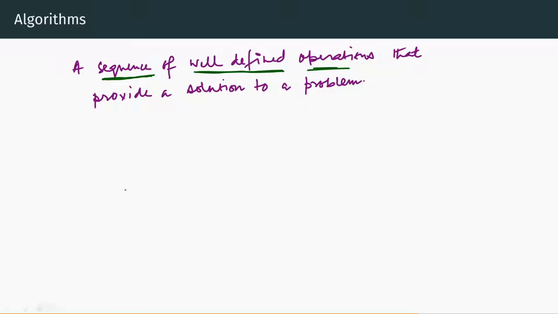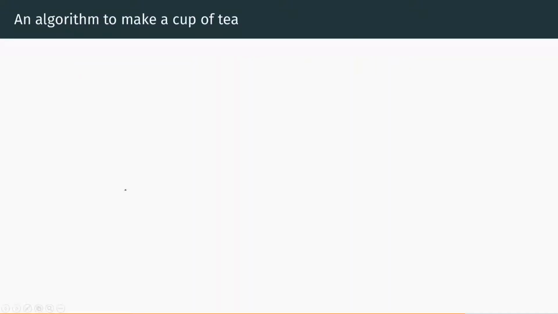So for example, let's take the next slide, which is the algorithm to make a cup of tea. You're teaching your friend to make a cup of tea, right? So here are some things that you do in order to make a cup of tea. The first thing you'll do is, let's say, boil water. Next, you put a tea bag in a cup.